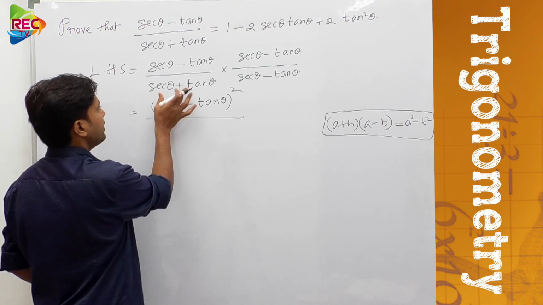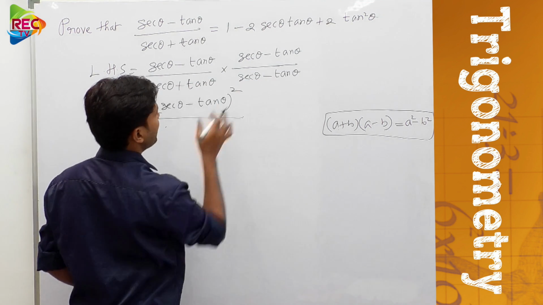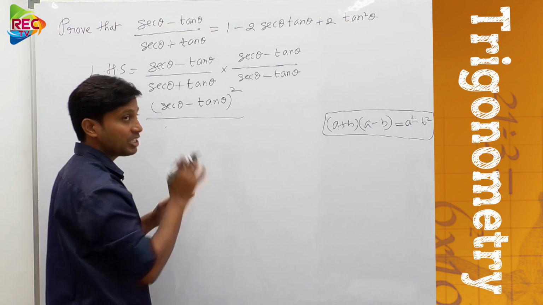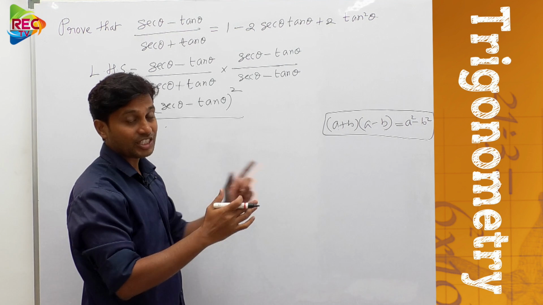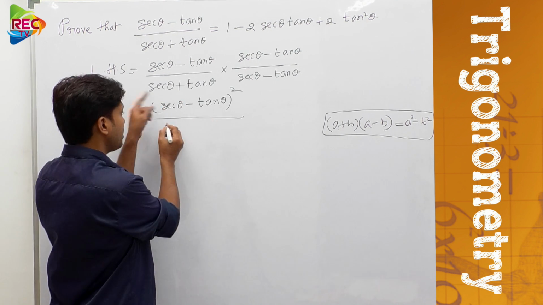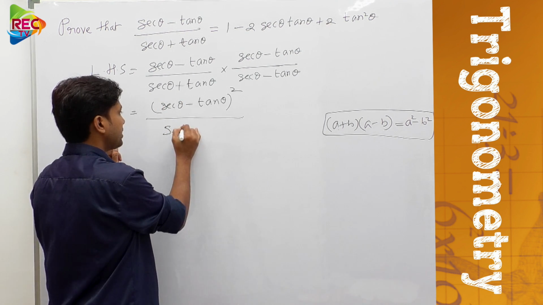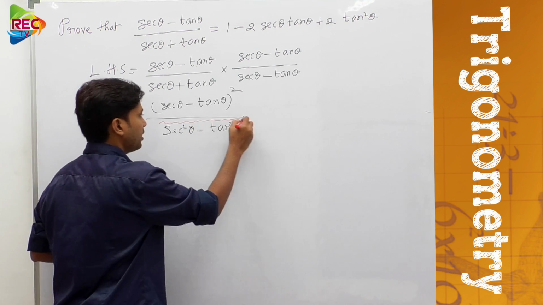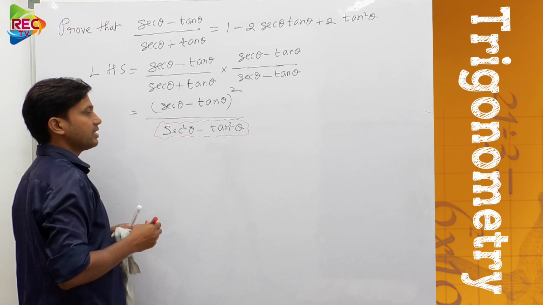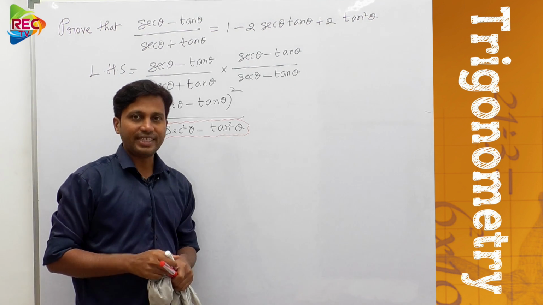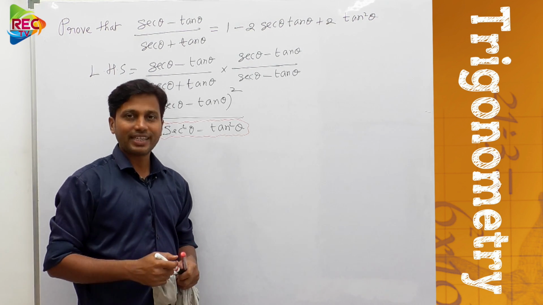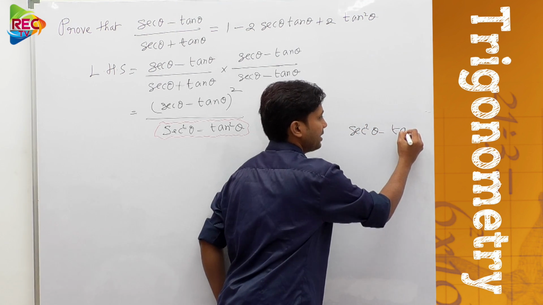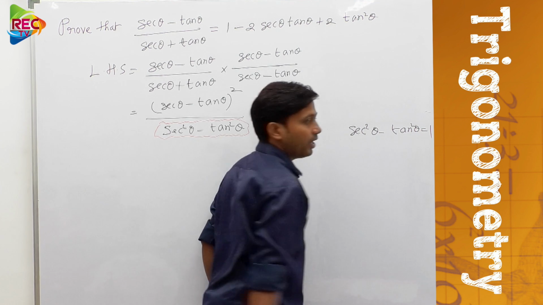So here, secant theta plus tan theta into secant theta minus tan theta. If you consider secant theta as a and tan theta as b, we can write that as a square minus b square. That means you have to write here secant square theta minus tan square theta. This is the denominator part. If you carefully observe this denominator part, it is representing a standard trigonometric identity, that is secant square theta minus tan square theta equal to 1.